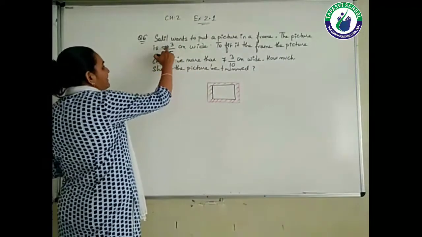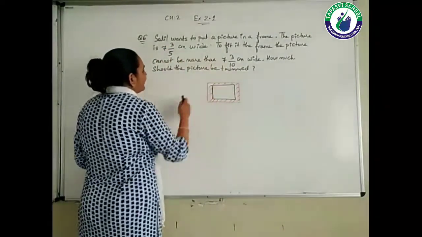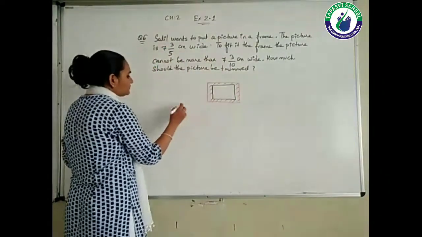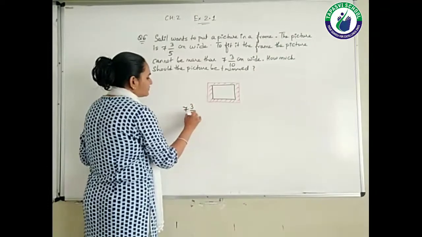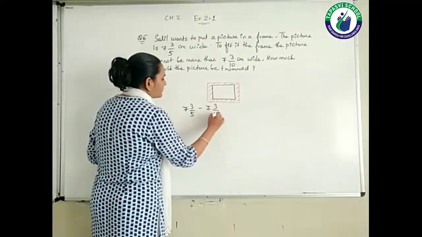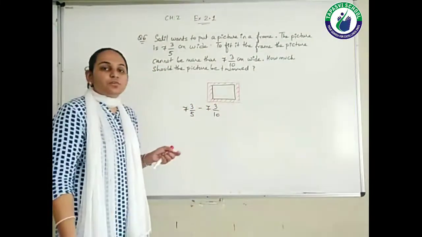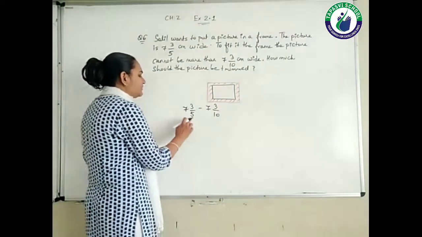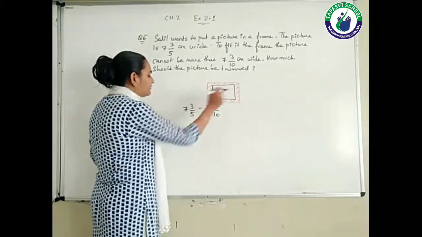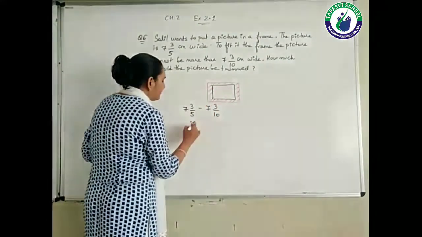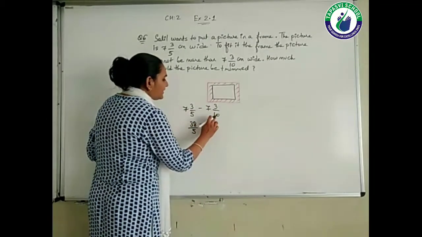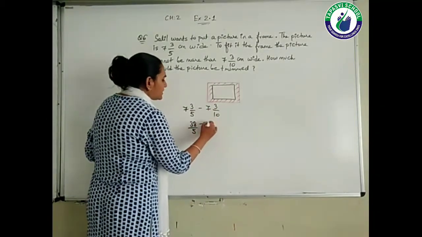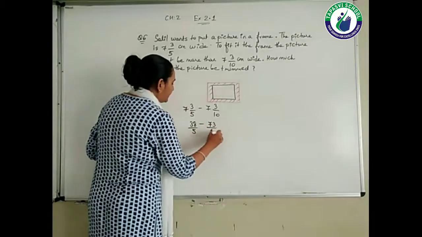So 7 3 by 5 and 7 3 by 10, we have to subtract them. Right? So 7 5s are 35, 35 plus 3, so 38 upon 5. 7 tens are 70 plus 3, so 73 upon 10.